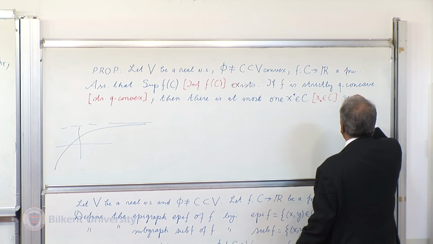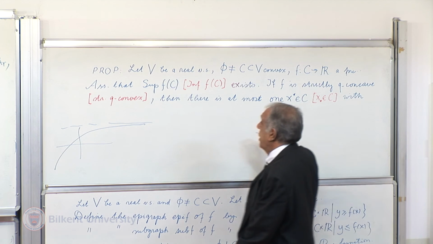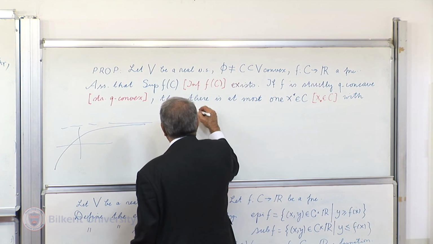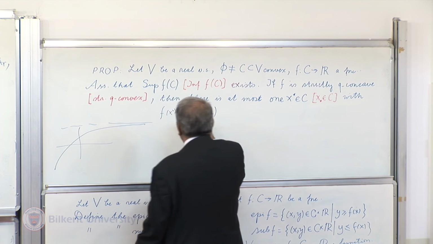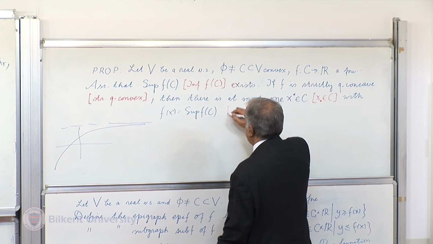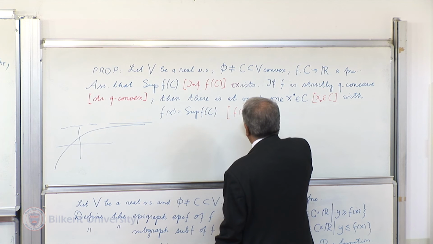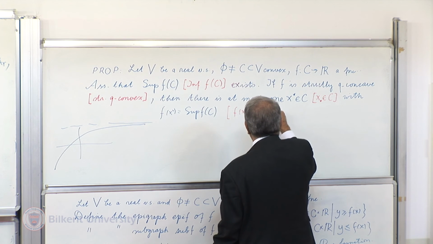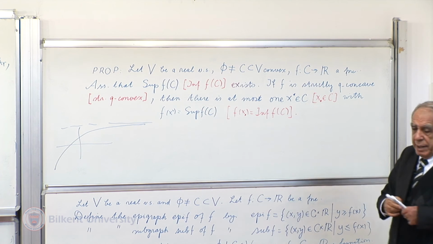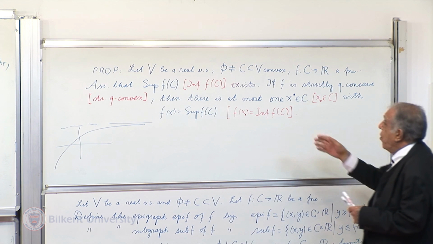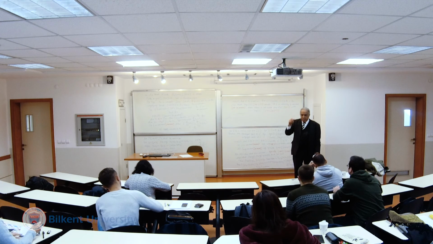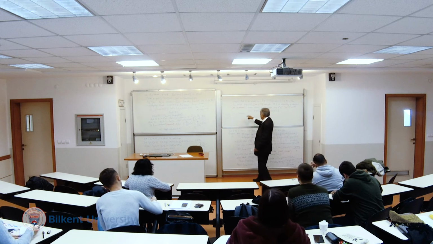with f of x upper star equal to sup f of C, in which case this will be the maximum of f of C, and f of x lower star equal to inf f of C, in which case this will be the minimum of f of C. At most one means either there is none, so the maximum does not exist, as in this case.